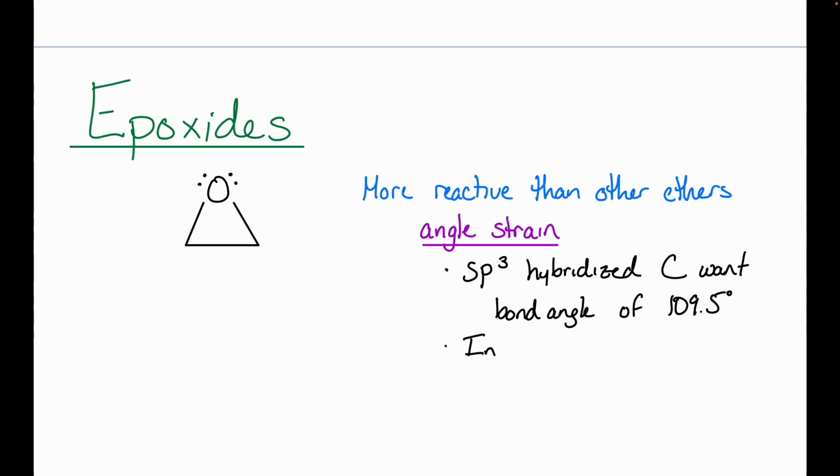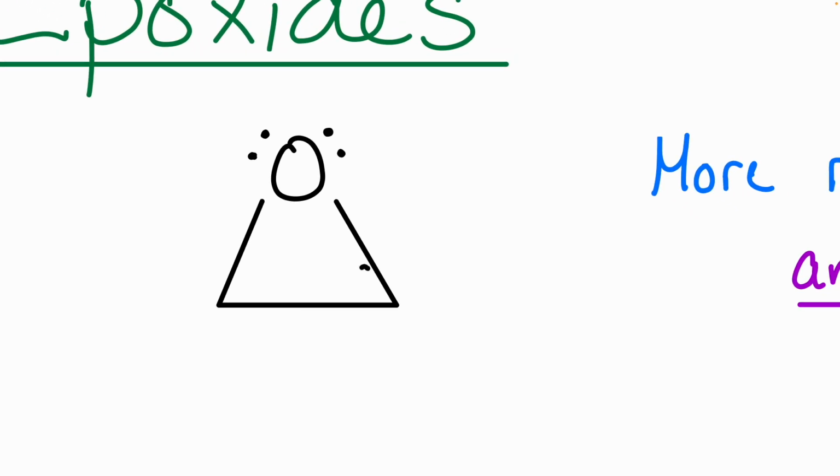But in our three-membered ring, in our triangle, that bond angle is instead what? If we have this equilateral triangle here, what are our angles going to be? 60 degrees, yes.